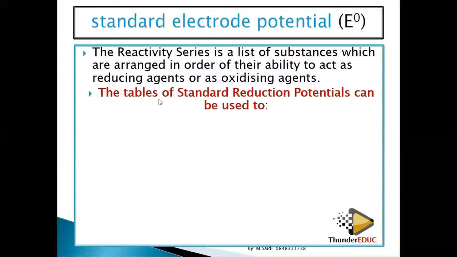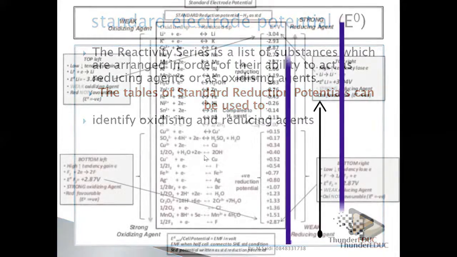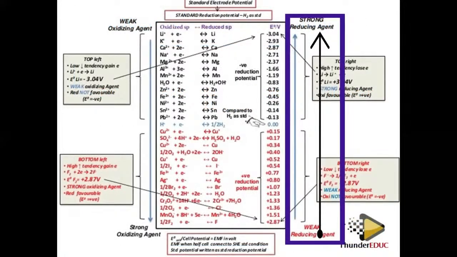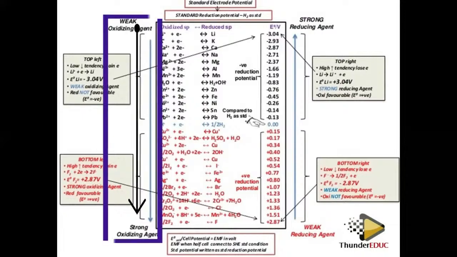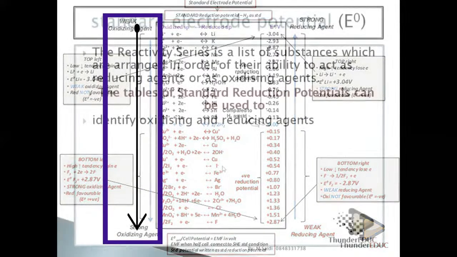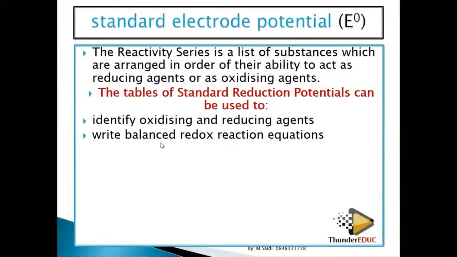We are saying that a table of standard reduction potentials can be used, number one, to identify oxidizing and reducing agents. So we are able to know that this is a strong reducing agent, this is a strong oxidizing agent. Number two, writing a balanced redox reaction equation.